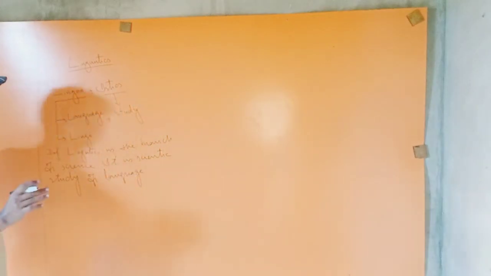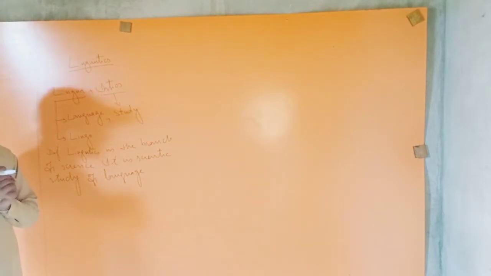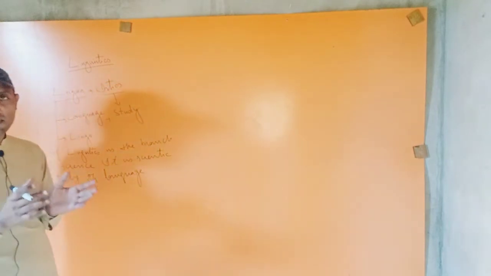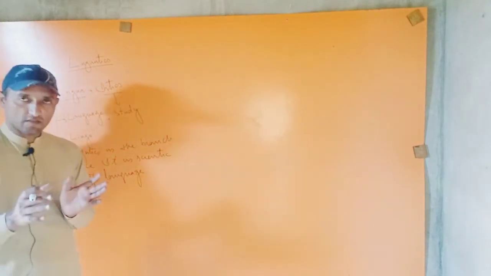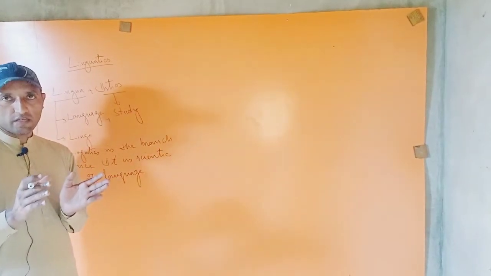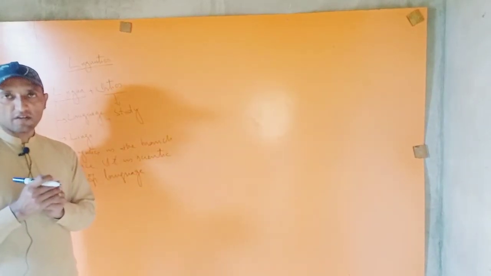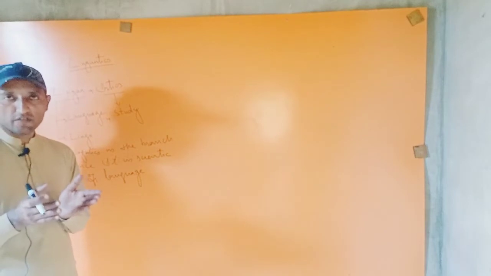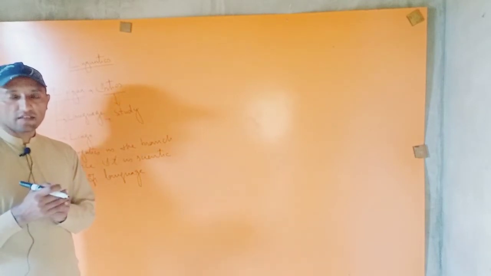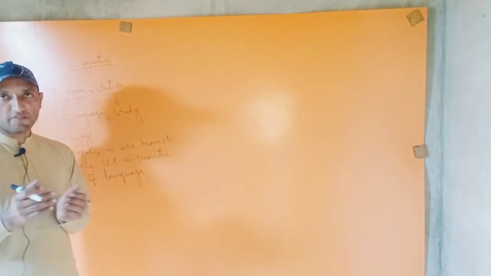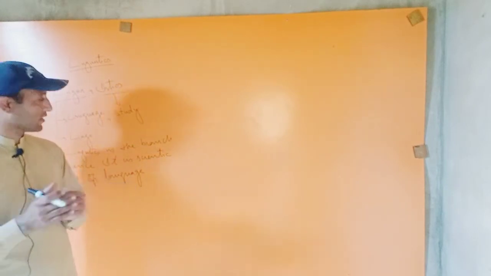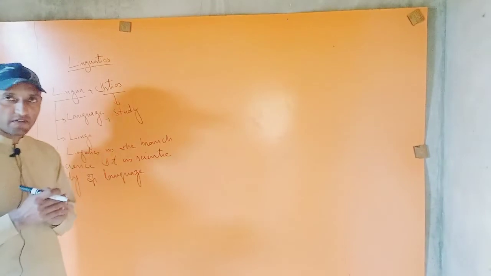So linguistics means the scientific study of language, because nowadays technology changes the methodology. The way we learn has totally changed. Today is the age of technology. We use modern methods for learning the language, especially scientific tools. That's why we call it a scientific branch.